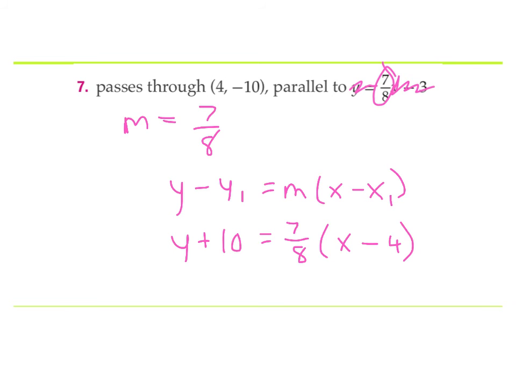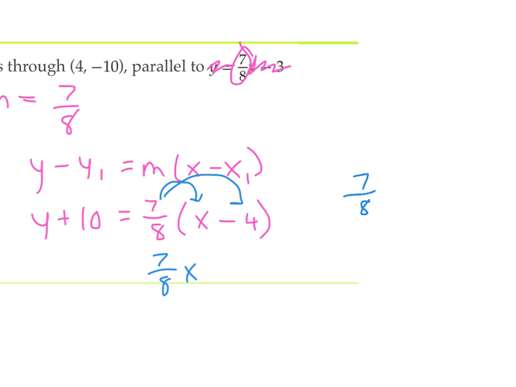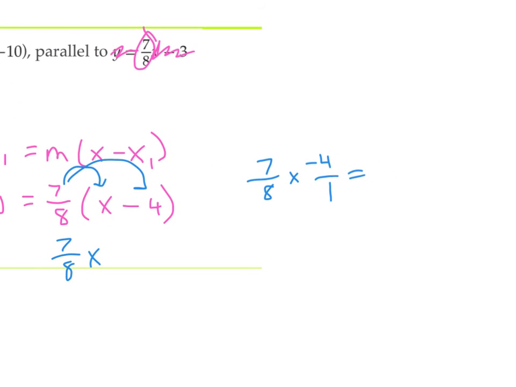So now what do we do to solve? Distribute 7 over 8. So 7 over 8 times x is 7 over 8x. And then we have to do 7 over 8 times -4. So 7 over 8 times -4 over 1. We multiply the tops together and multiply the bottoms together. So this is -28 over 8. Can we simplify this?